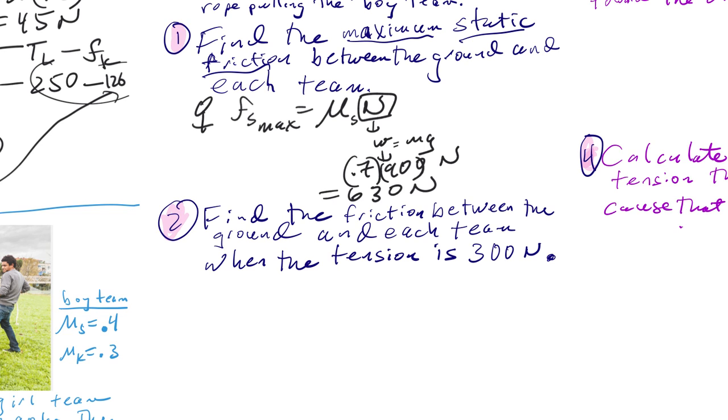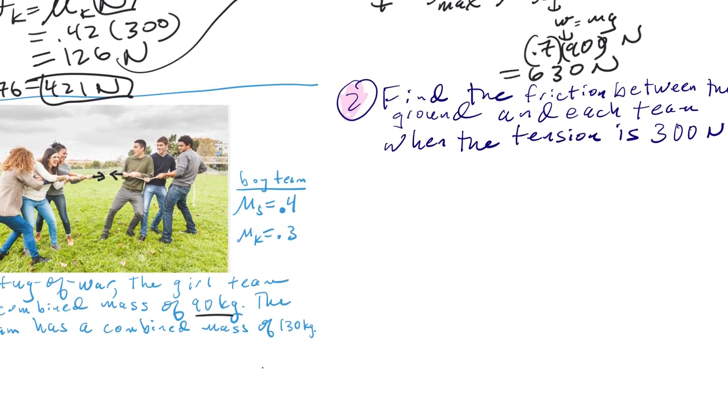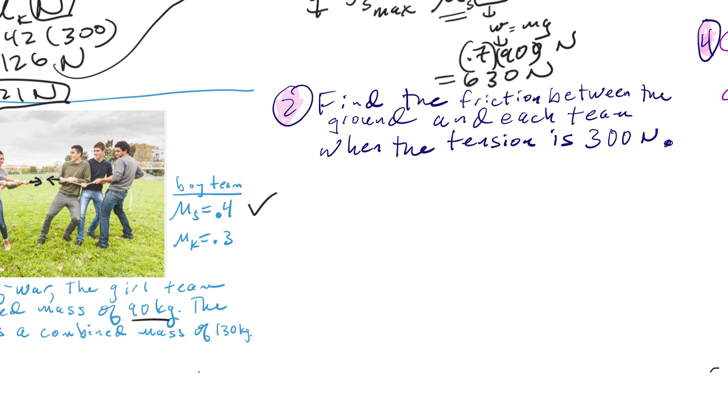Okay, I do the same thing for the boys team. The boys team, the FS max. The maximum static friction is equal to 0.4 times 1300. I'm using the same equation, but their coefficient of static friction is 0.4, and their mass is 130.